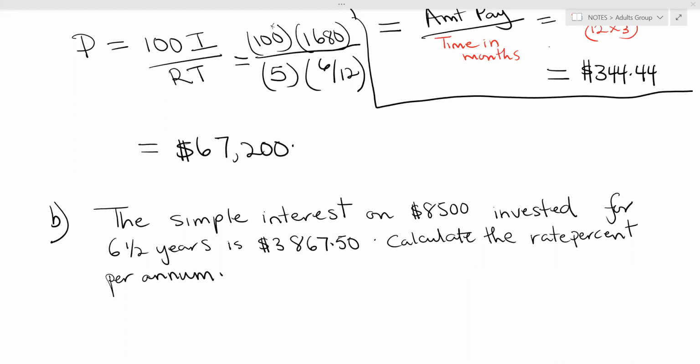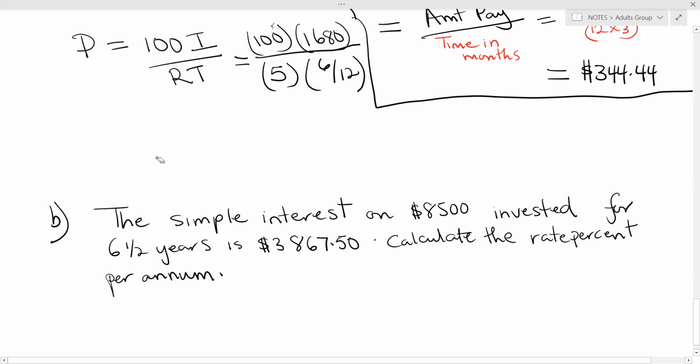I keep getting 16,800. Yes, I get the same thing. Okay, you all said you were getting what? 16,800. When you multiply the top, you'll get 16,800, I believe. Yeah, but I get 67,200 as my full answer when I divide it as well.